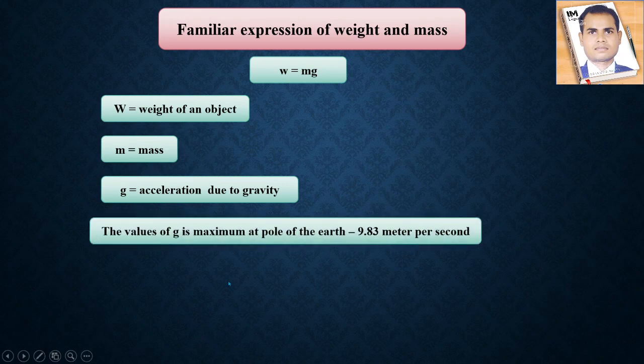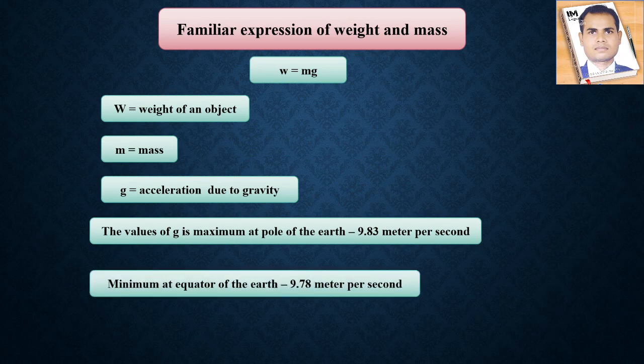The value of g is maximum at a pole of the earth, that is 9.83 meter per second squared. At the equator the minimum value is 9.78 meter per second squared.